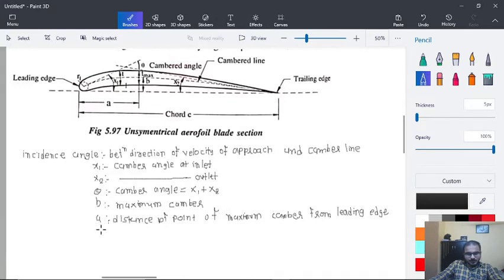Then we have the value C, which is known as the chord, that is a straight line from the leading edge to the trailing edge.